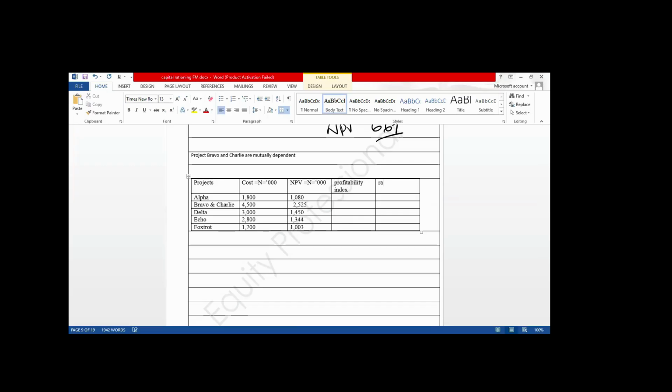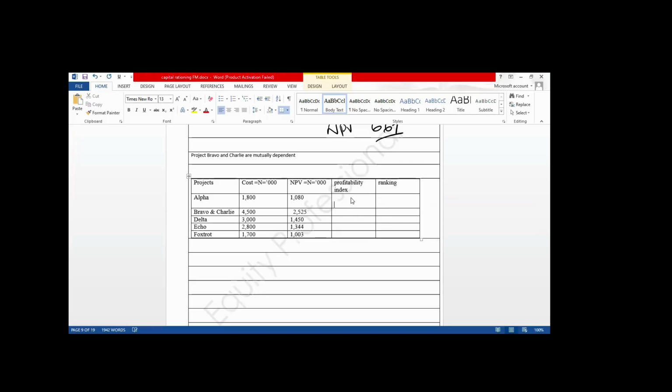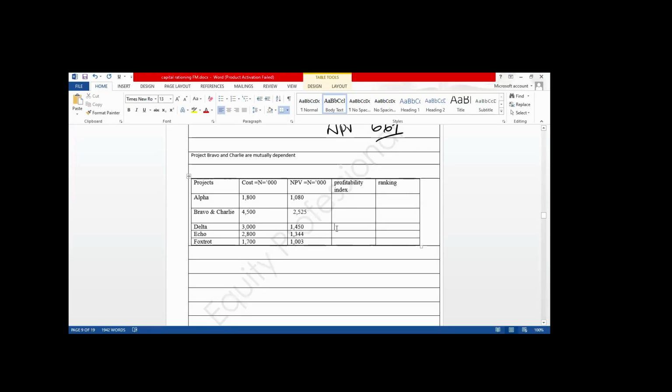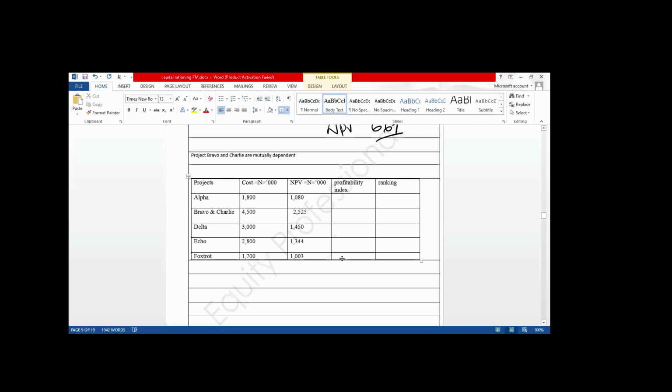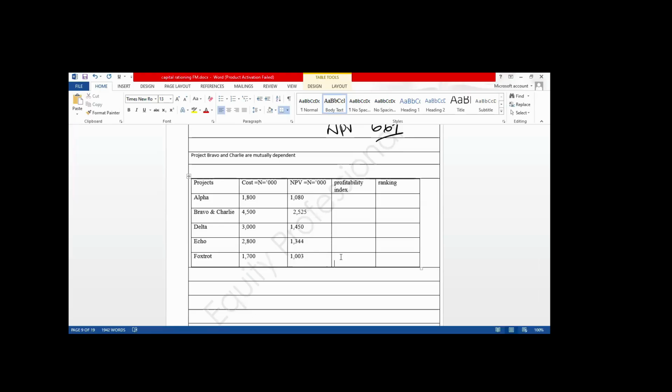Let me expand this. So where you are informed that two projects are mutually dependent, the two projects will be treated as one.